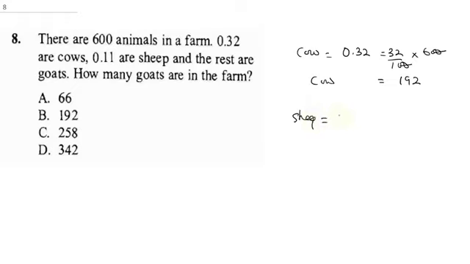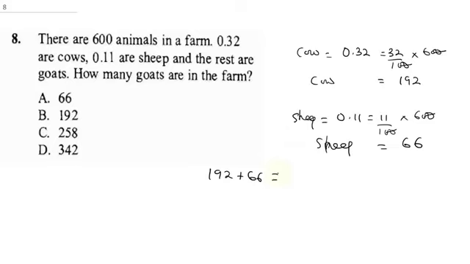Then for us to get the sheep, it will be 0.11, which is the same thing as 11 over 100 multiplied by 600. 00 cancel 00. So our sheep will be 66. Now when you sum this up, 192 plus 66, 2 plus 6 is going to give you 8. 9 plus 6 is going to give you 15.